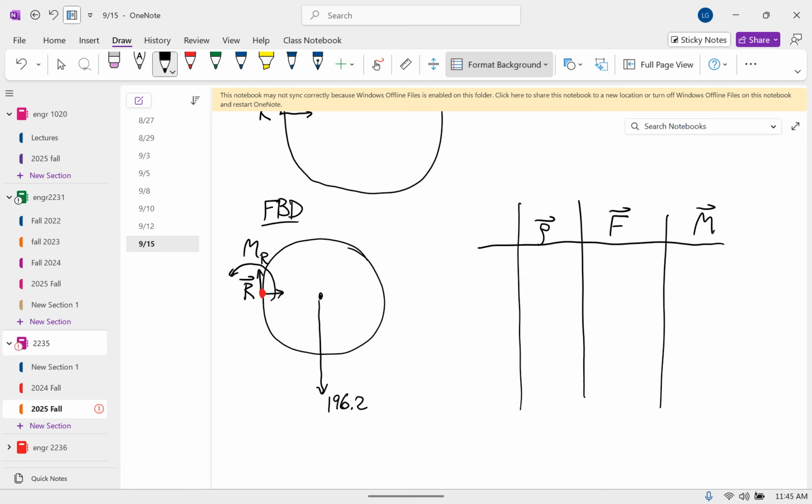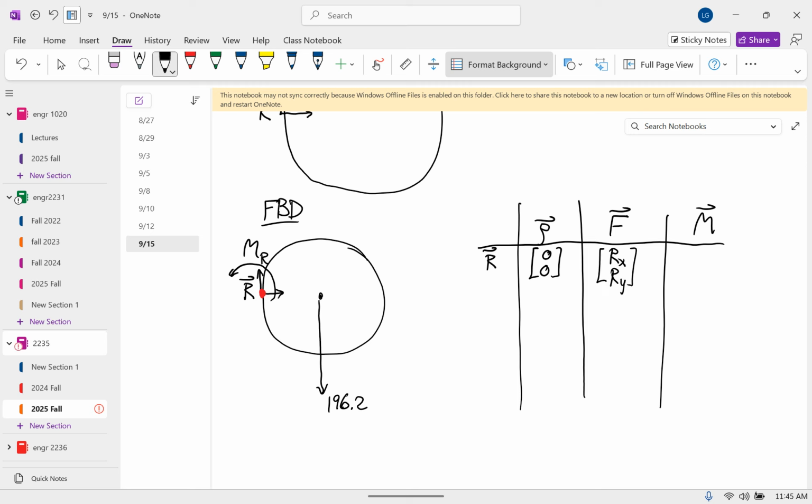Okay, so first the force R. Since in two-dimensional problems, we're always going to cross out the z component of the force, and we're always going to cross out the x and y components of the moments. That's all I'm going to keep from the start. Okay, so the rho vector for R is 0, 0. The force is Rx, Ry.